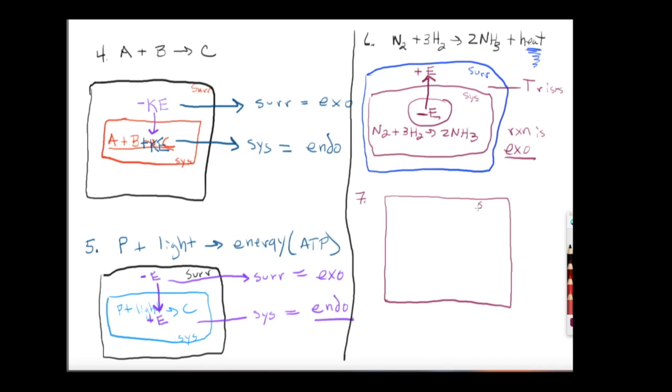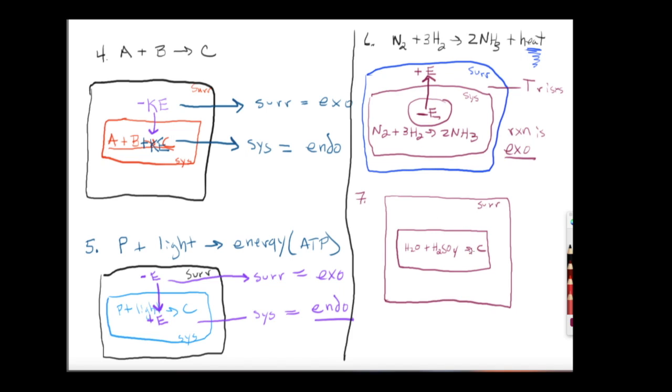So again, I'm going to have my 2 boxes. Here's my surroundings. And here I'm going to have H2O plus sulfuric acid to make some kind of product. We'll just call it C.